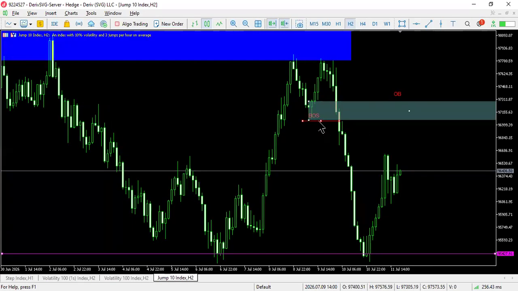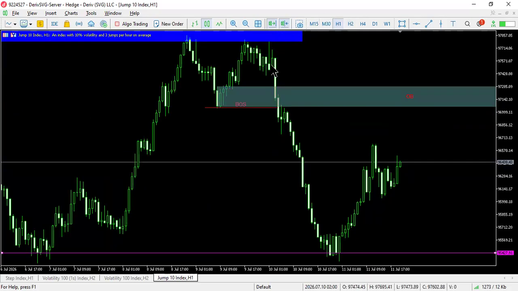From the 2 hours time frame, our order block is going to be at that level together with the break of structure. Heading over to the 1 hour time frame.